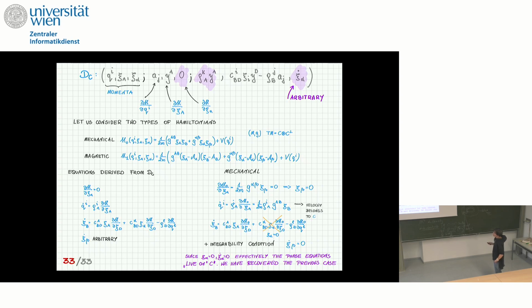Equations on the phase space derived from the Dirac structure are the following. The kind that resembles a little bit this part from the variational principle, and again there is a dependence on the perpendicular directions. And as I said, it is okay that this dependence appears here.